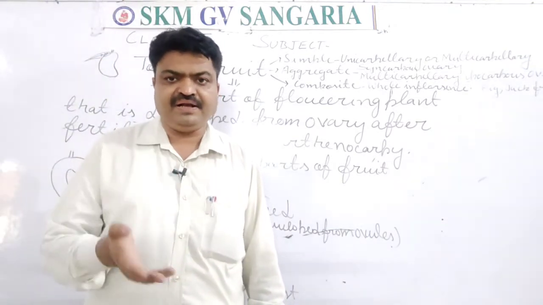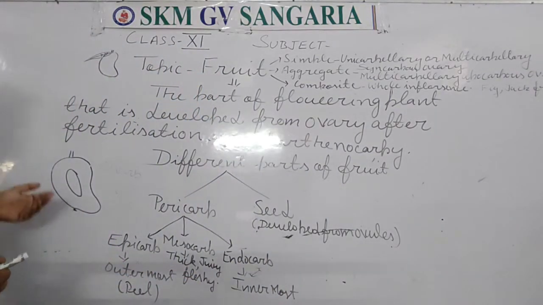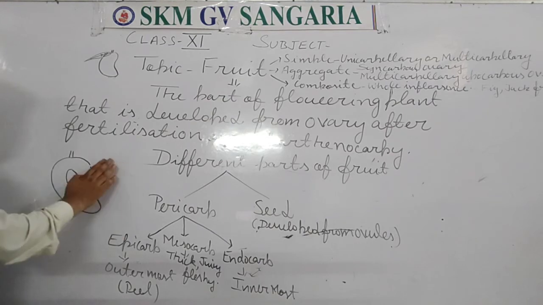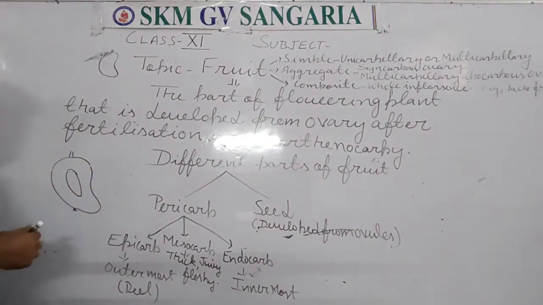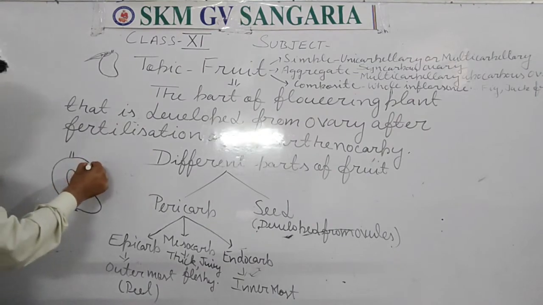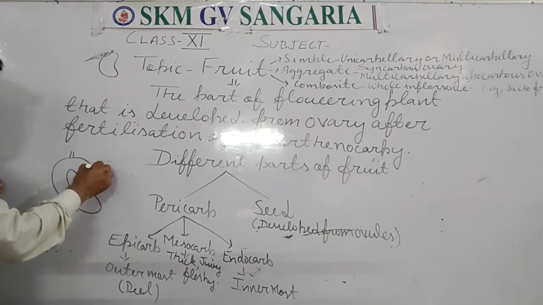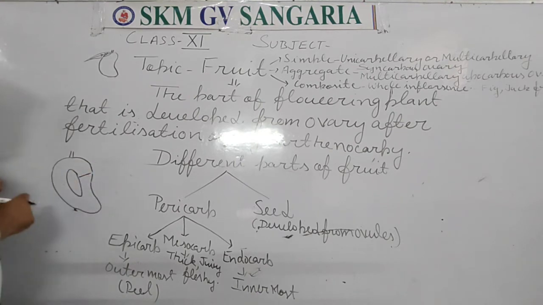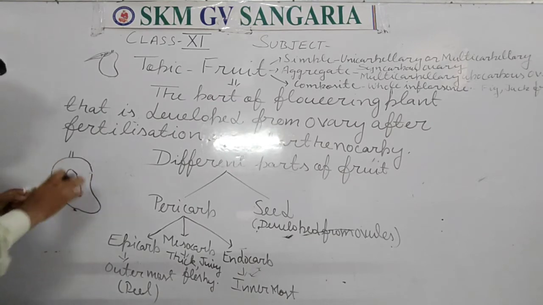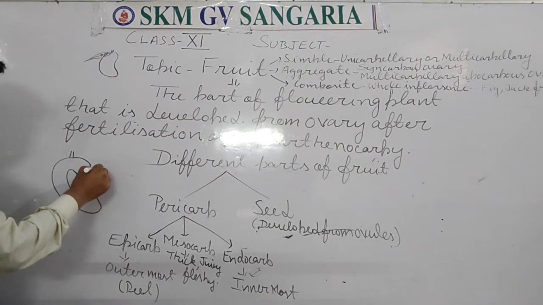Now what is pericarp? I have drawn one diagram here. It is the diagram of the mango fruit, students. If we cut the mango like this, then the first layer that we will get is known as pericarp, this particular layer. And this pericarp is divided into three types. First is epicarp.